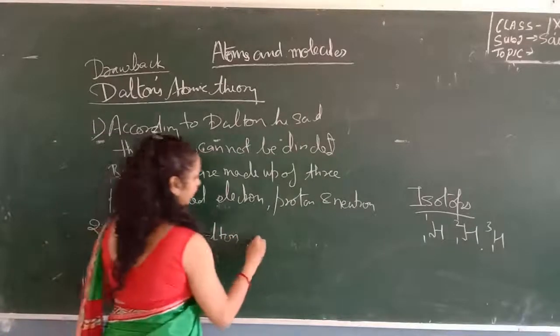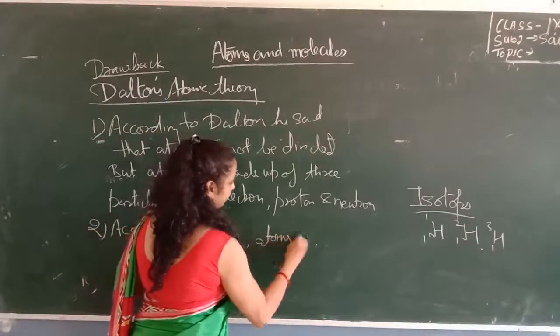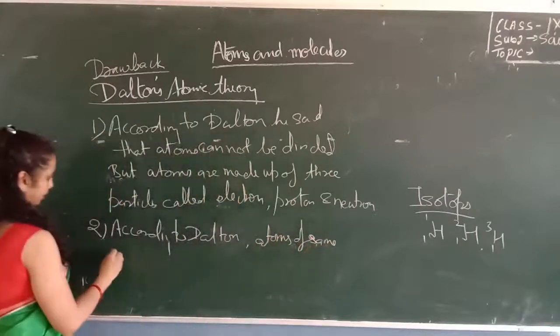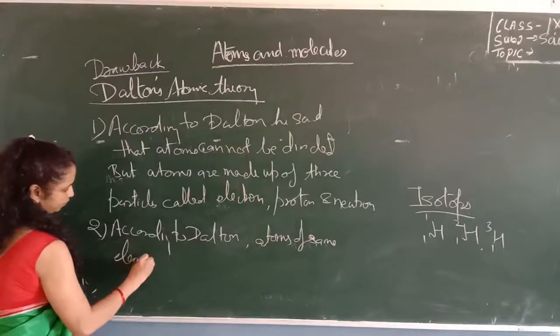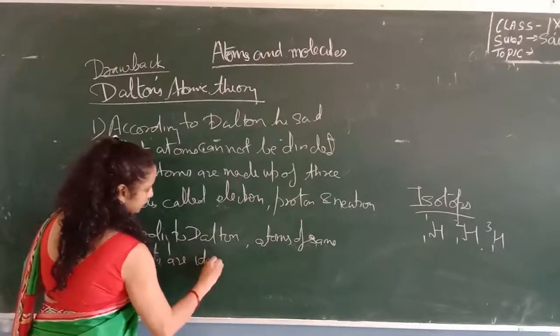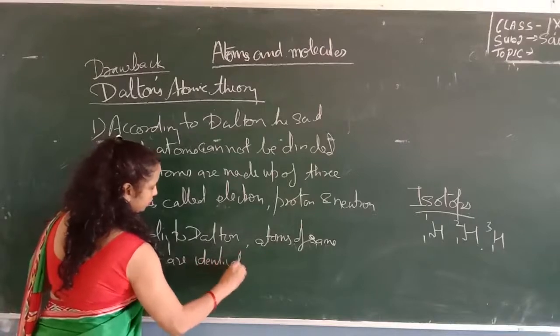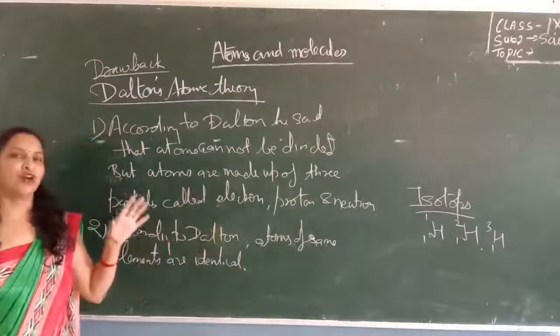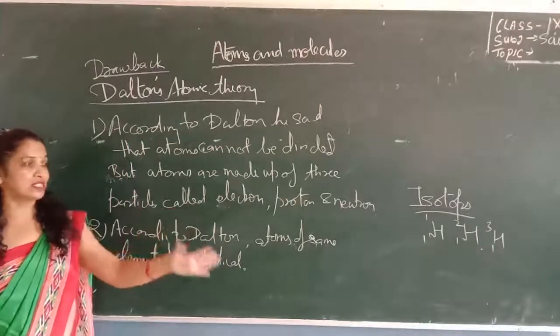According to Dalton, atoms of the same element are identical, isn't it? But isotopes are of the same element and have a different mass number.